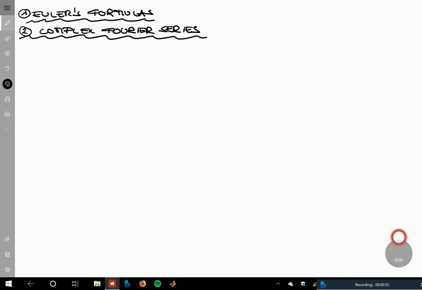So Euler's formulas. The crucial thing about the whole thing with Euler's formulas is what I told you previously, that the exponential function with a complex argument, which is also called a complex exponential, is the same as the cosine of x plus i sine x.